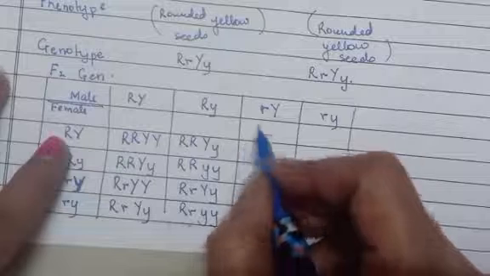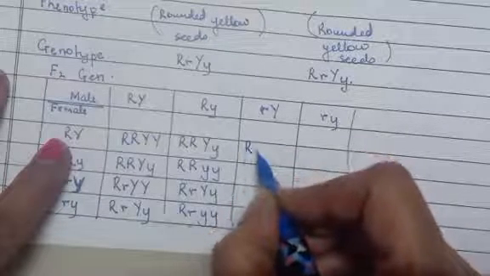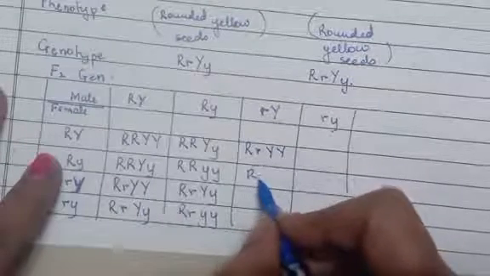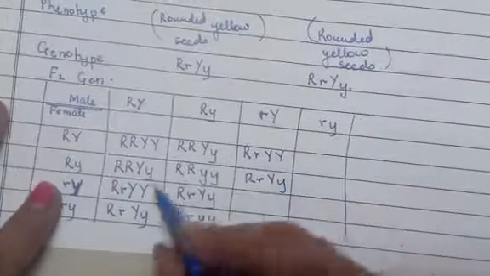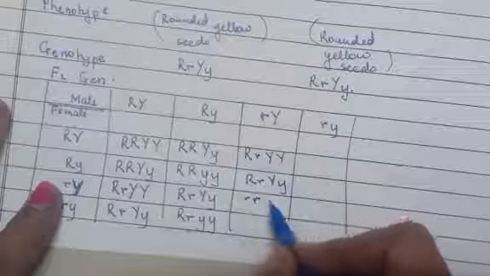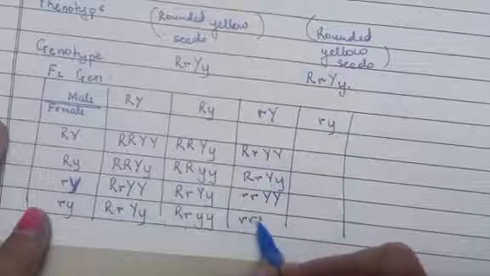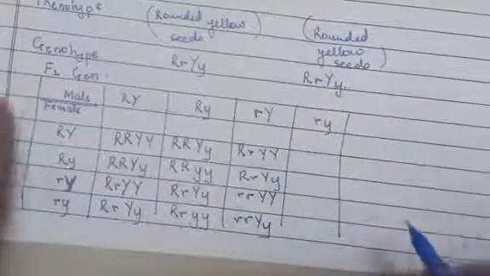Now let's take the third table. R, Y, Y. Now here also R, capital Y, small y. Here will be small r's, capital Y. This will be small r, capital Y, small y.